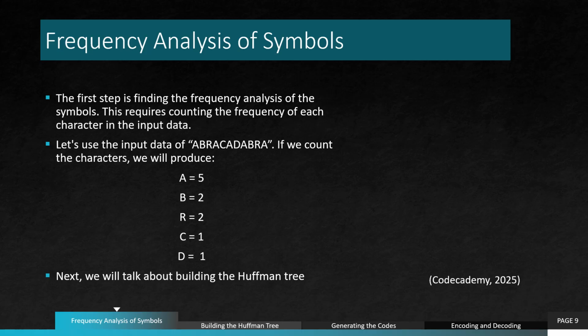If we count the characters, we will produce A equals 5, meaning that there are 5 A's in the input data. B equals 2, R equals 2, C equals 1, and D equals 1. Next slide, we'll talk about building the Huffman tree.